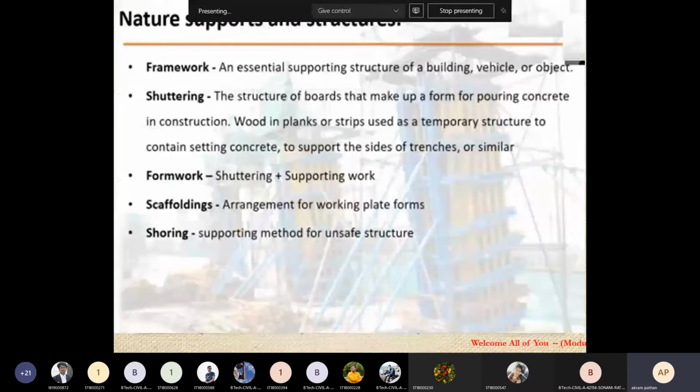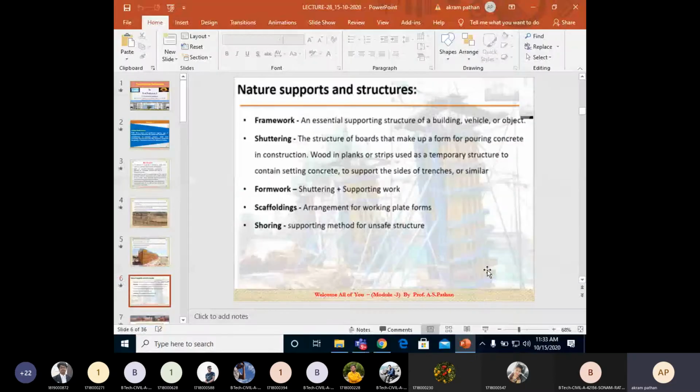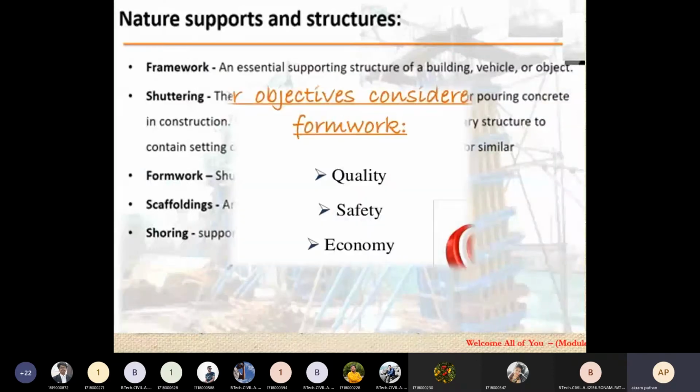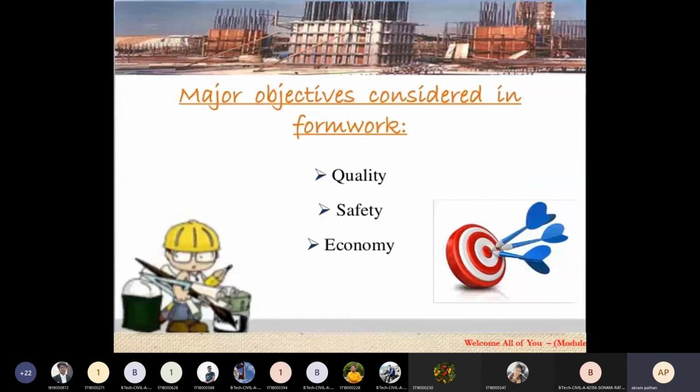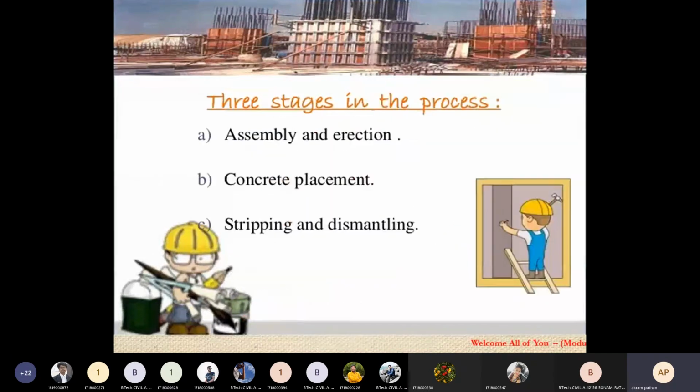Then we also saw the nature and support of the form work. Then the major objectives considered in the form work: we should consider quality, safety and economy. Then we also saw the requirements of the form work.